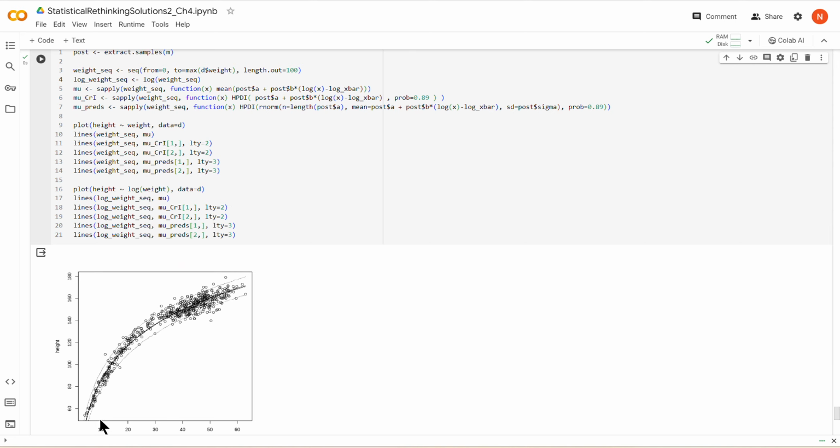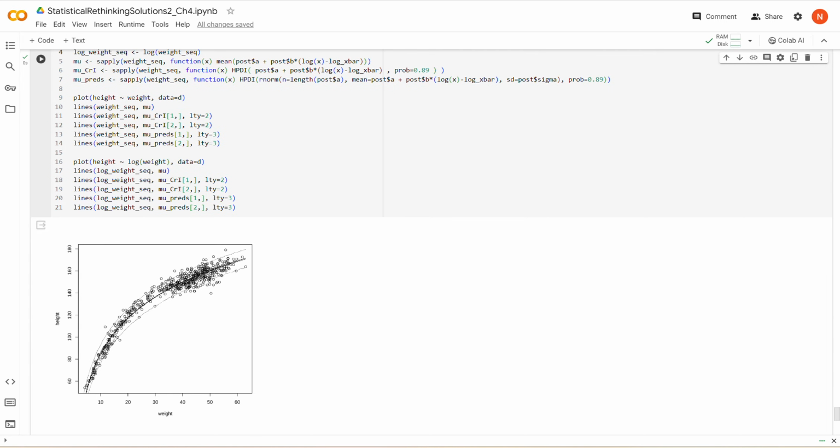So here's the first plot. This is putting everything on the raw scale, with height on the y-axis and weight on the raw scale on the x-axis. And we see something interesting. Even though the model was linear, because we regressed on the logarithm of weight, when we back that out to the raw scale, our linear model becomes nonlinear, and it seems to fit the data pretty well.